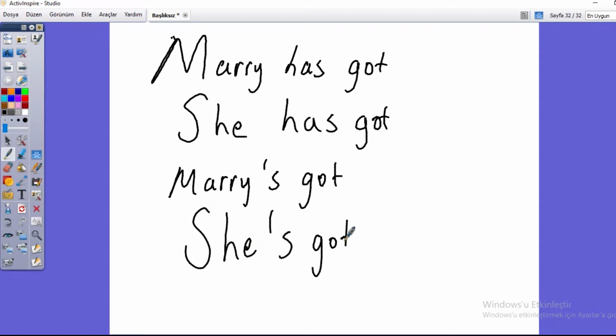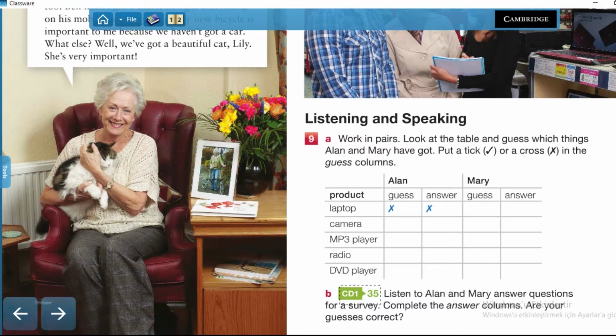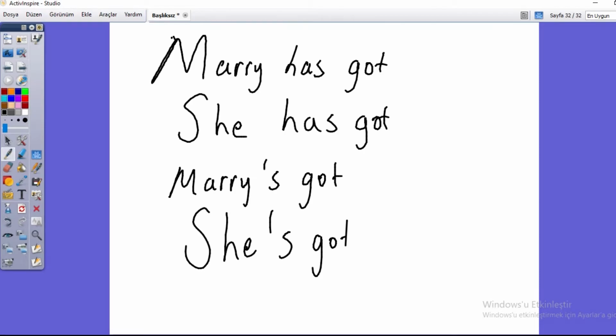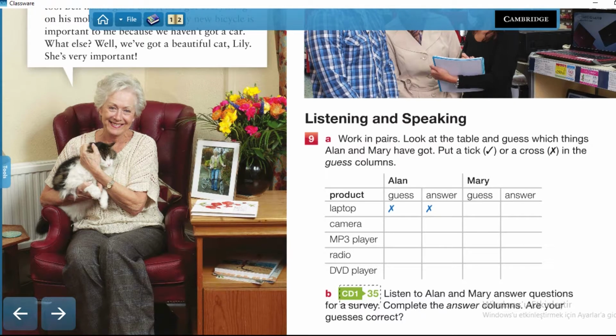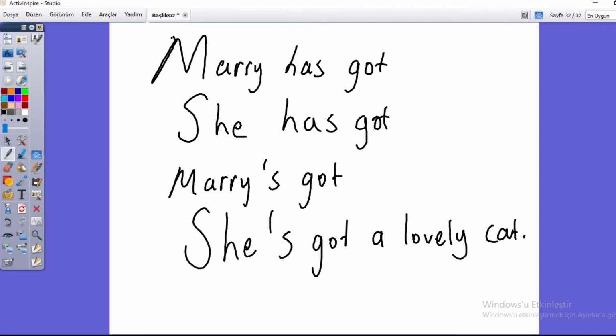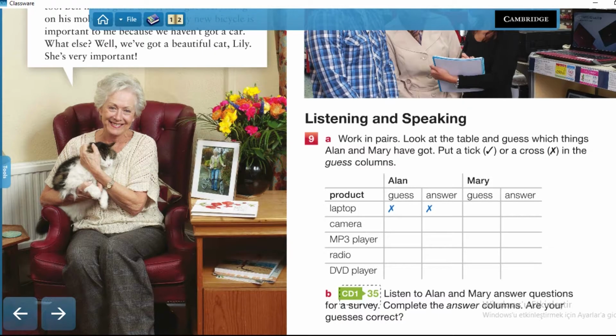She's got a lovely cat. Lovely, it's like nice, very beautiful. She's got a lovely, or we can say beautiful cat. Let's see.